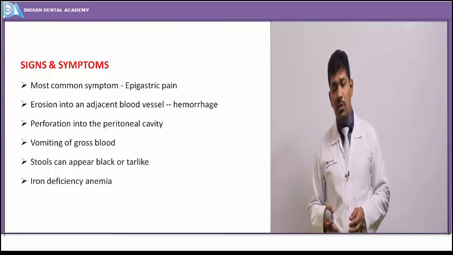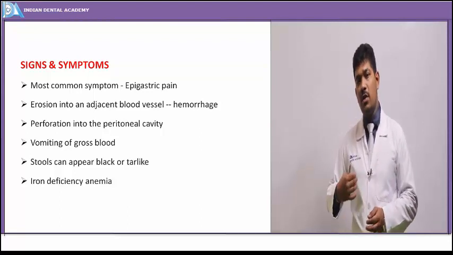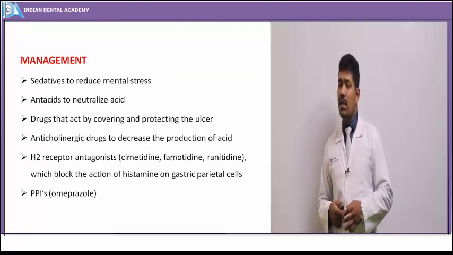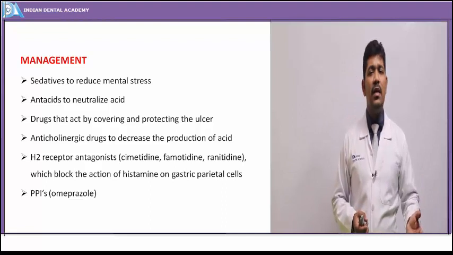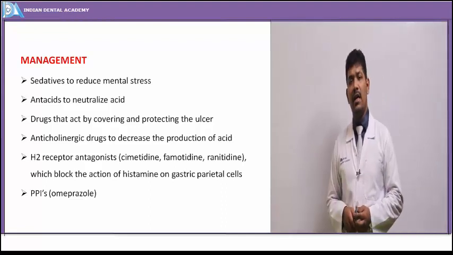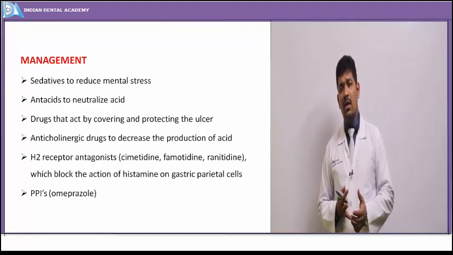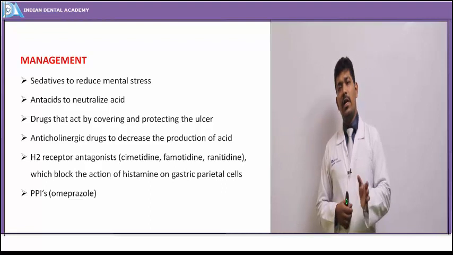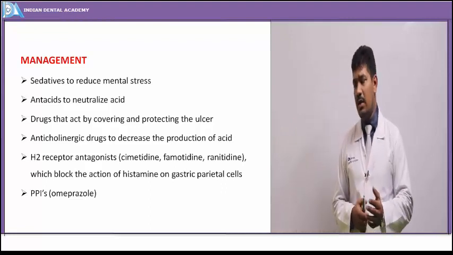And also, because of the huge amount of blood loss and its passage into the stools, we have iron deficiency anemia. Now the management is primarily to counteract the etiological factors by giving anxiolytics, antidepressants, or sedatives to reduce the mental stress or tension.